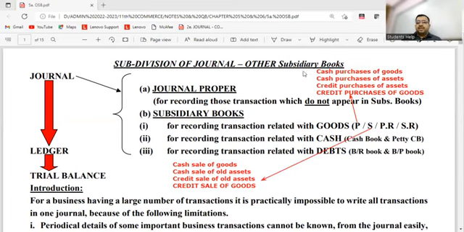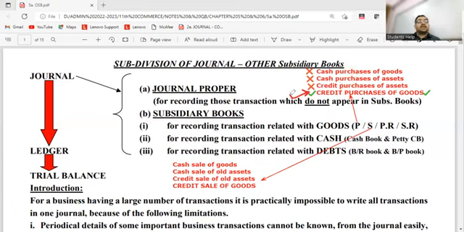You will ignore cash purchase of goods, cash purchase of asset, credit purchase of asset, and will consider recording only and only credit purchase of goods. I repeat, आप ignore करेंगे cash purchase of goods को, cash purchase of asset, credit purchase of asset.